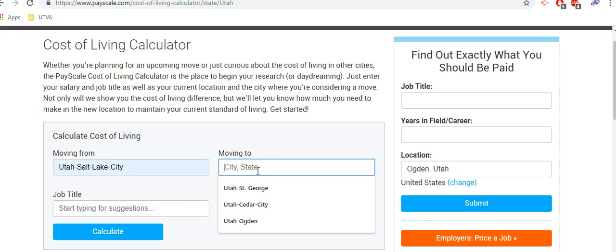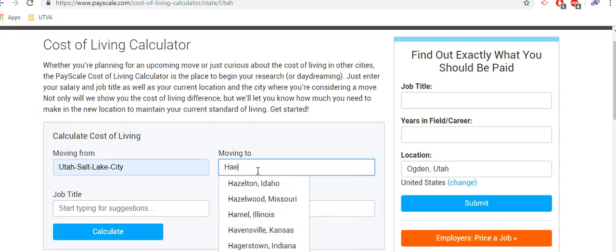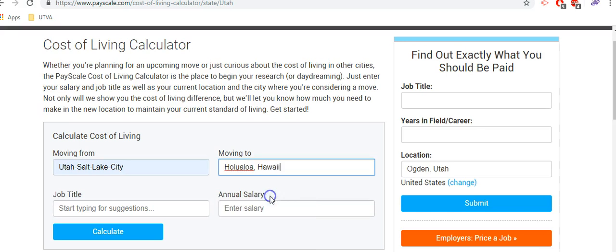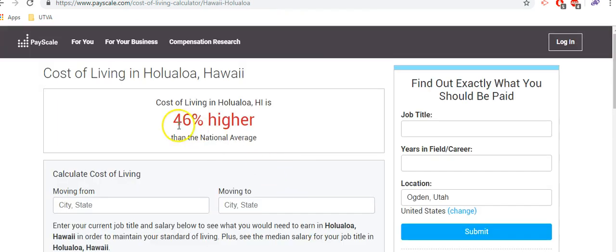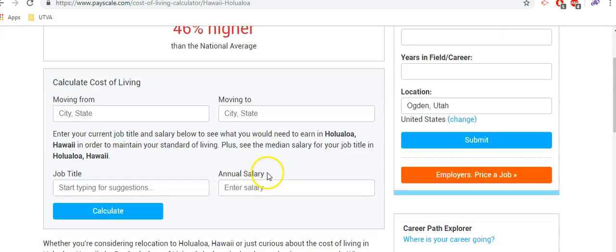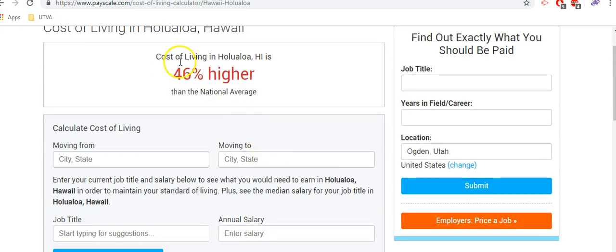And let's say we're moving to, everybody likes Hawaii, right? Honolulu? Everybody good to go take a trip to Honolulu here? Okay. And then you don't have to put in a job title or annual salary. But I just want you to see how much more it costs to live some other place than it is here, okay? And some people are the reverse. So think of a place.